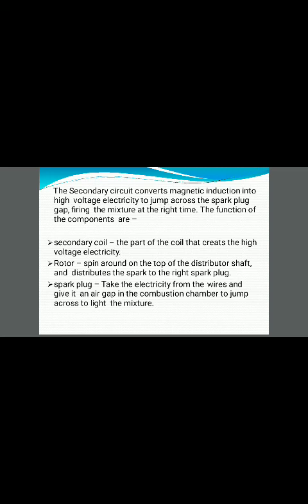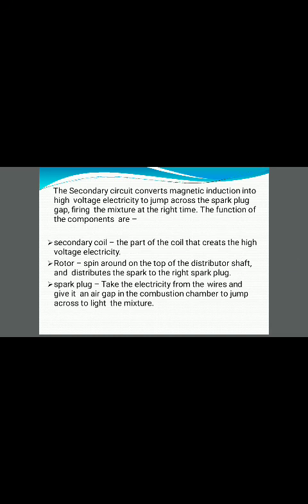It spins around the top of the distributor shaft and distributes the spark to the right spark plug. Now comes the spark plug. The spark plug takes the electricity from the wires and gives it an air gap in the combustion chamber to jump across and ignite the mixture.